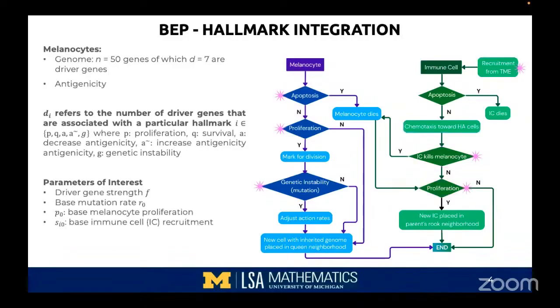And then those are the parameters of interest. There's a lot of parameters in our model, so let's focus on these four. Like I said, driver gene strength F, then base mutation rate R naught, a base melanocyte proliferation rate B naught, and a base immune cell recruitment rate SI naught.